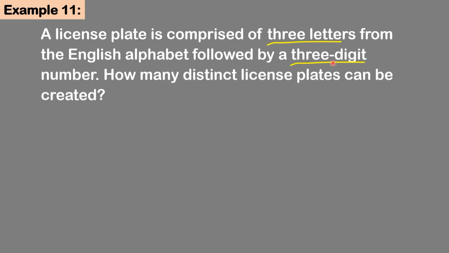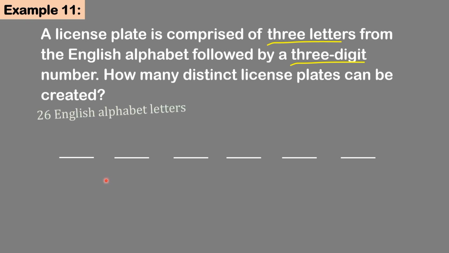Since there are 3 letters followed by 3 digits, there are 6 places to fill in. For the 3 letters, each can be any of the 26 English alphabet letters.